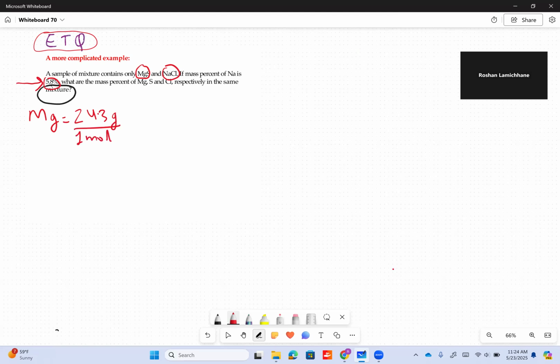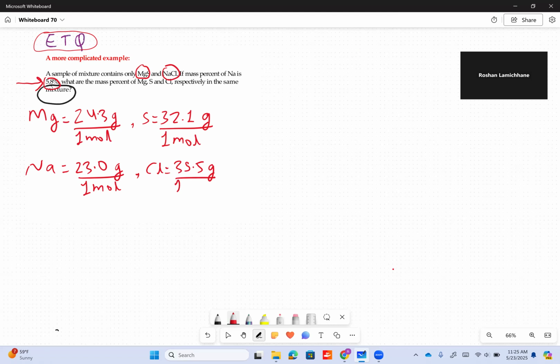Sulfur is 32.1 grams per mole. And then you have sodium chloride. Sodium is 23.0 grams per mole. Again, I'm just taking one digit after decimal, keep that in mind. And then finally, your chlorine is 35.5 grams per mole.